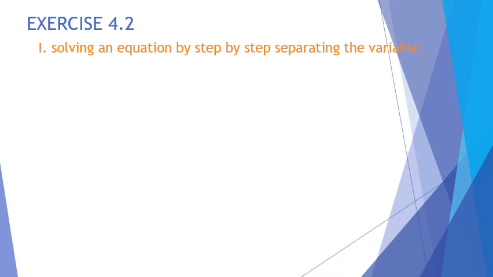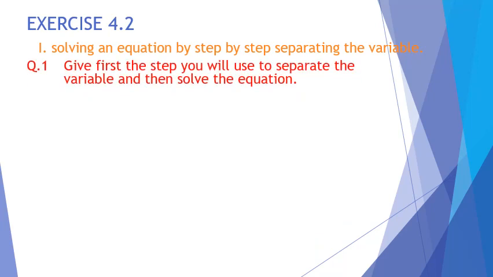Let's move to exercise 4.2, question number 1. Give first the step you will use to separate the variable and then solve the equation. Our question is x minus 1 equal to 0.